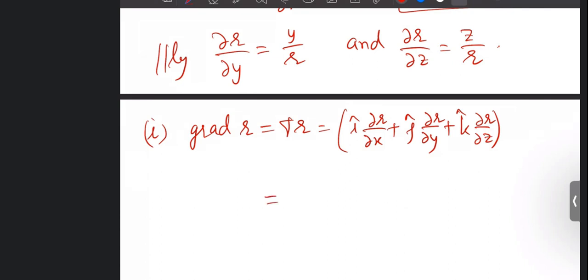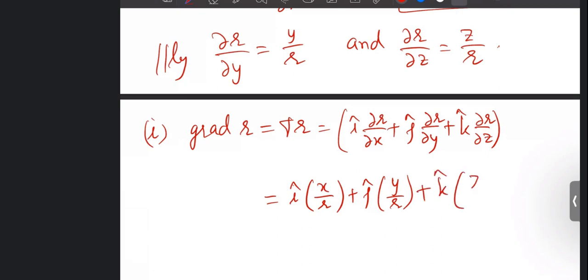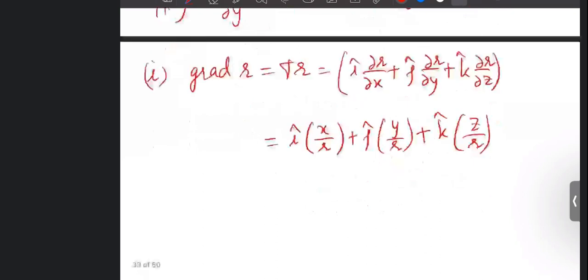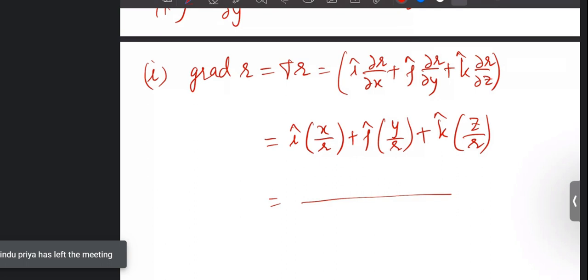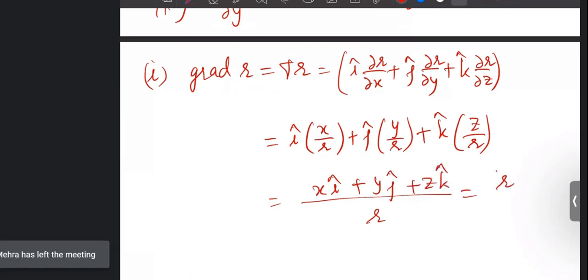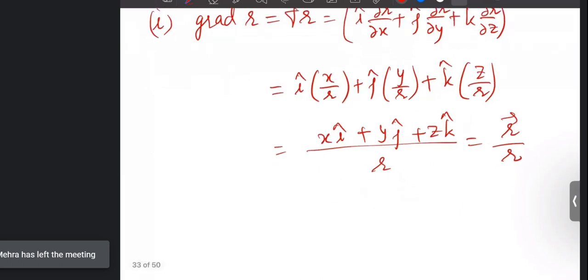Substituting all these values we have determined above, that is ∂r/∂x, ∂r/∂y, and ∂r/∂z, that is equal to i into x upon r, j into y upon r, k into z upon r. Taking r as the LCM, what is in the numerator? In the numerator we have xi plus yj plus zk, which is equal to vector r divided by r. Hence the result of the first part.